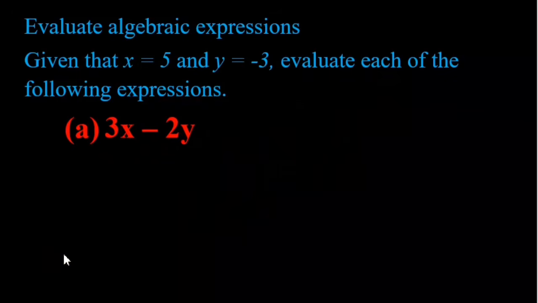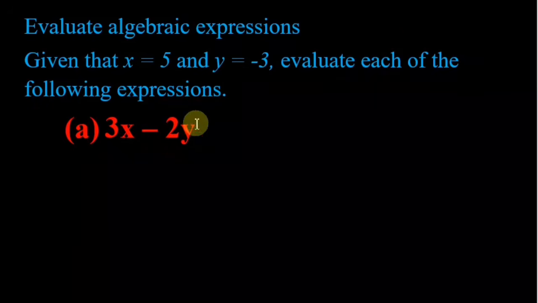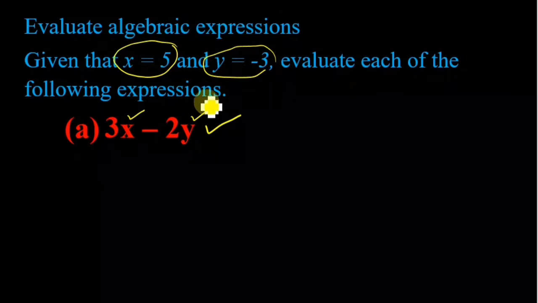The first question is to evaluate the algebraic expression 3x minus 2y, given that the value of x is 5 and the value of y is minus 3. So we have to replace the variables in the algebraic expression: x is replaced with 5 and y with minus 3.